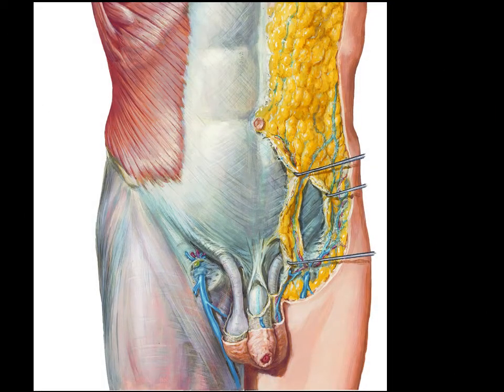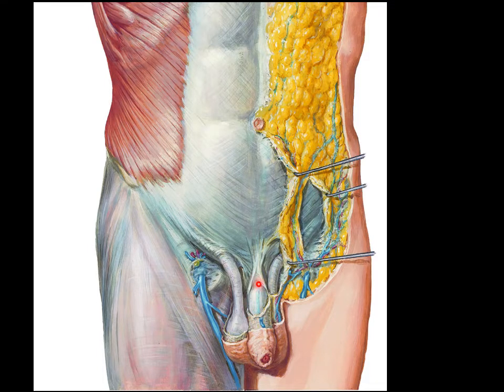Regarding the Colles fascia, as we have discussed earlier, it is an extension of the membranous layer of the abdomen. The membranous layer extends down and reaches the midline, forming the fundiform ligament of the penis. This fundiform ligament bifurcates and covers the penis as the fascia of the penis.